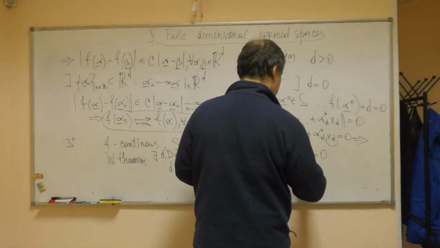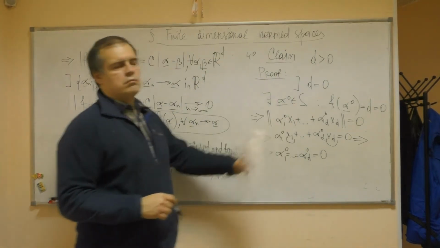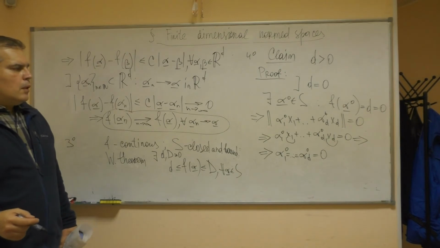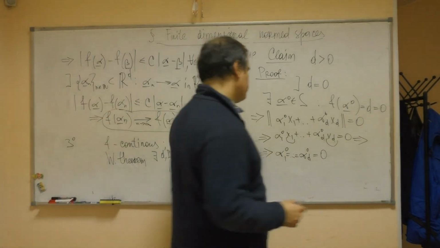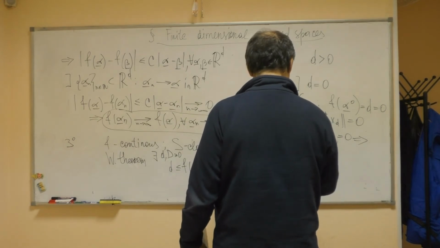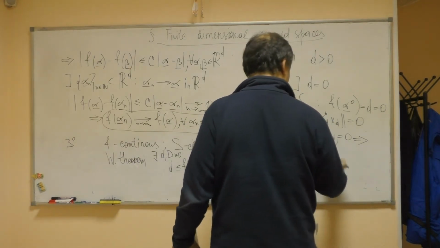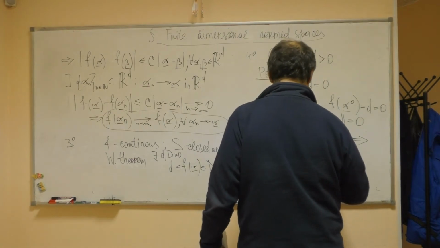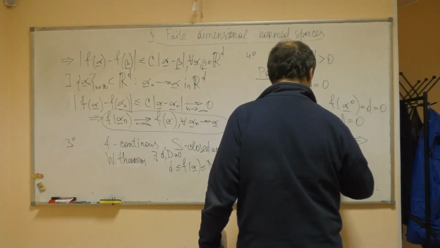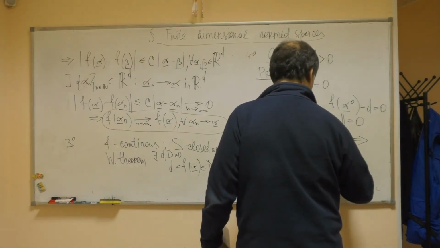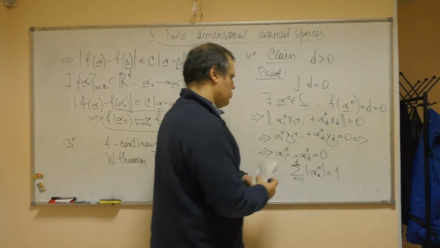So from first to last. And if all coefficients are 0, it means that sum of absolute values is equal to 0.